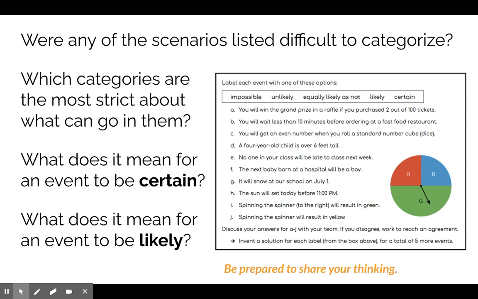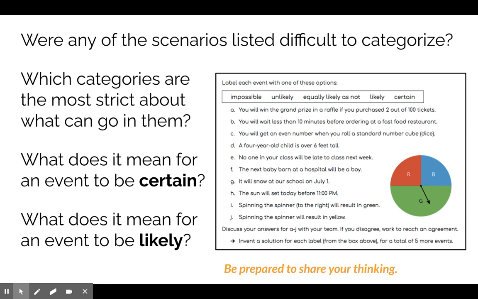Okay. Thank you all for sharing in the chat, and thank you for also sharing out. So let's go over our answers. For letter choice A, the scenario was unlikely. For letter choice B, the scenario was likely. For C, it was equally likely as not.